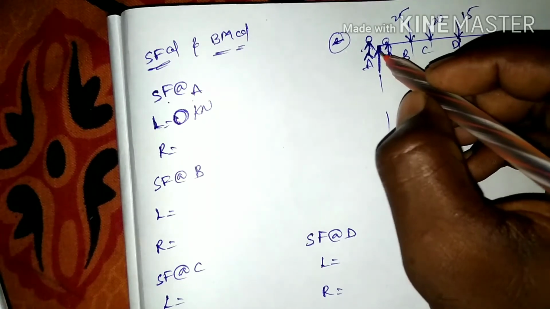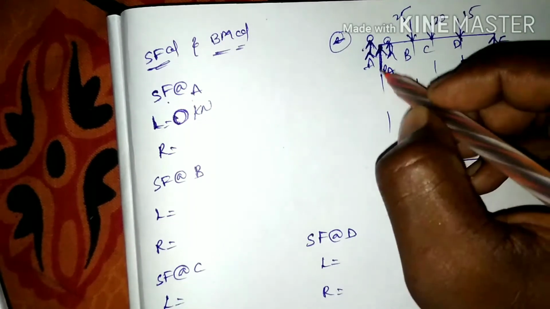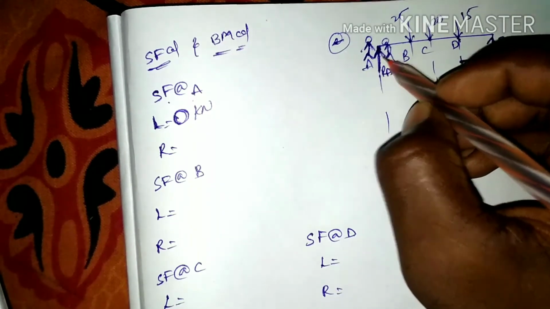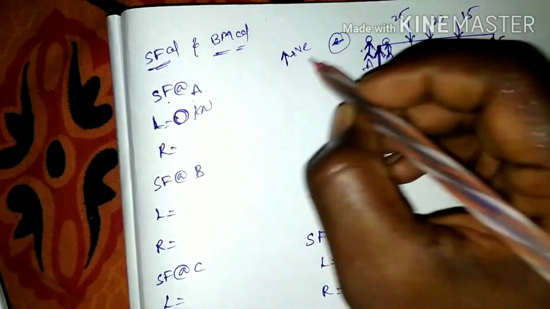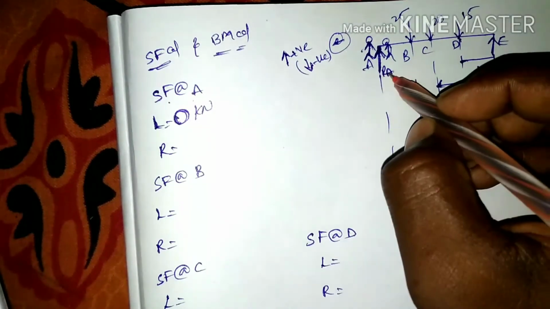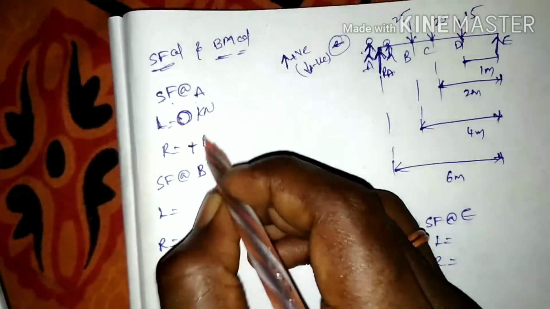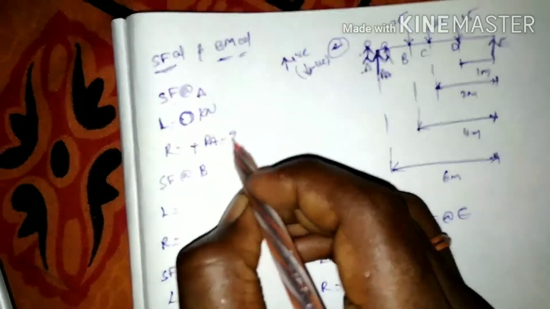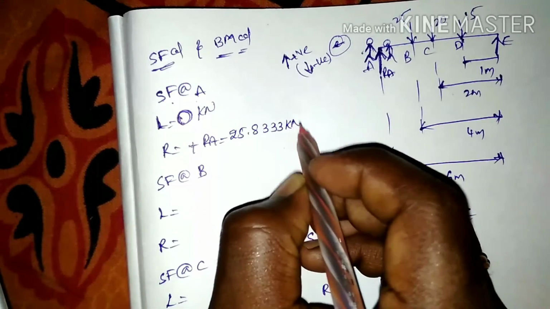When I am going to stand just right of the A, I am going to find a reaction, RA, acting on this beam in the upward direction. Here for the shear force calculation, upward is positive and downward is negative. Here we are having the RA reaction in the upward direction, so it is positive. The value of RA is going to be 25.8333 kilonewtons.